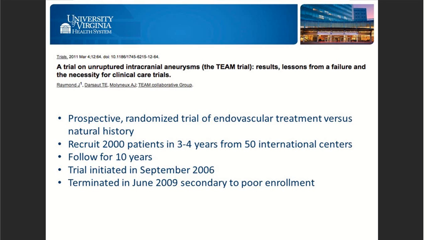Would you include that patient in a randomization trial where one of the treatment arms is observation? The other issue is that patients oftentimes don't want to be randomized to treatment versus observation. You can have more success in terms of randomizing which type of treatment option versus whether or not you're going to treat. And when they did their analysis of the data, they found that it would have taken multiple decades to recruit the 2,000 patients. So after 3 years, or 2.5 years, this study was terminated prematurely.